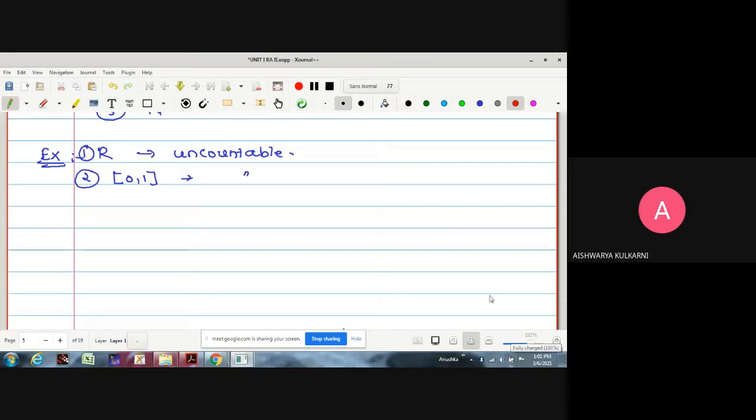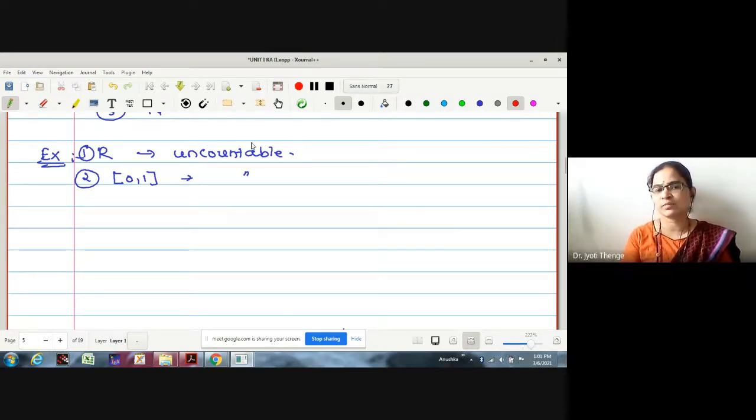Yes, ma'am. Then how is it not possible to show this closed interval 0 to 1 is not countable? It was there, I think you might have forgotten this. So let me keep this for homework. Today's homework: I want the proof of the closed interval 0 to 1 being uncountable as homework for today's session.